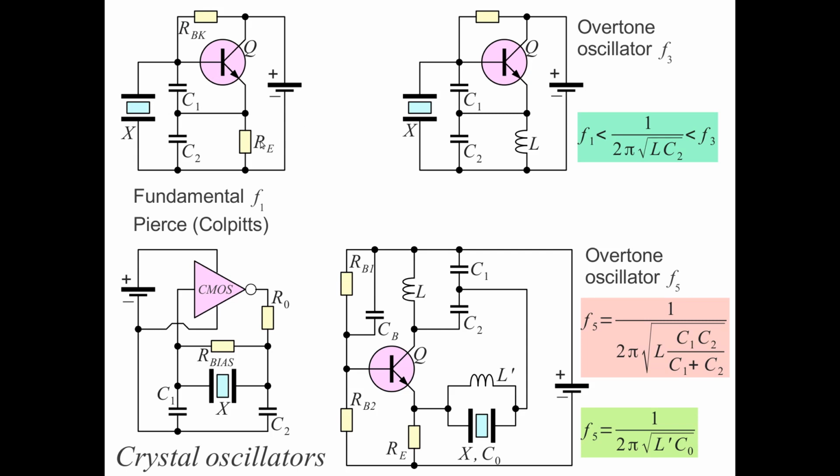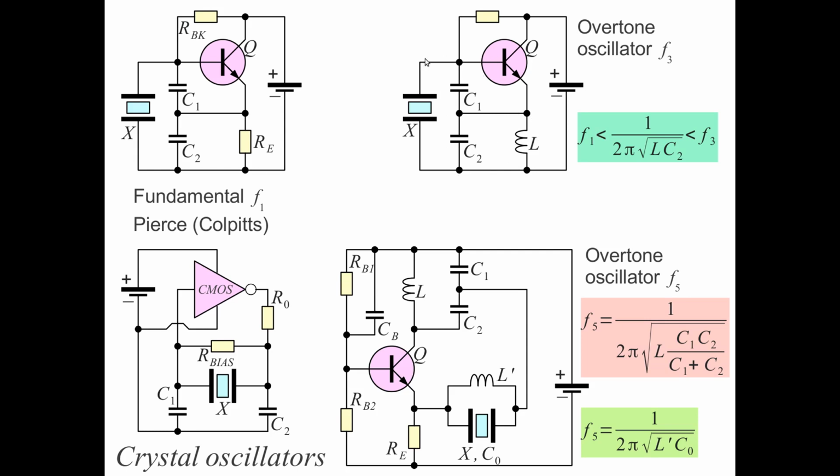If we replace the emitter resistor with an inductor, then this parallel connection of a capacitor and inductor has an inductive impedance below its resonance and a capacitive impedance above its resonance.